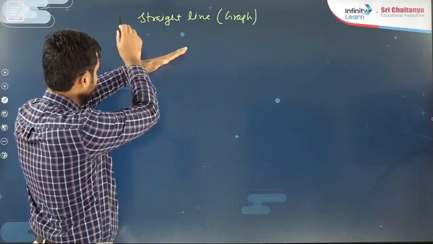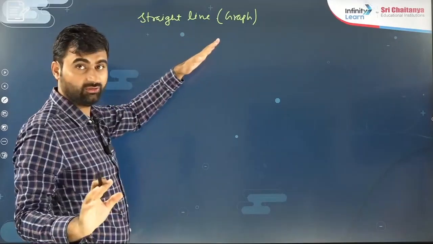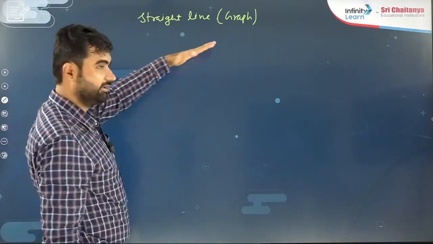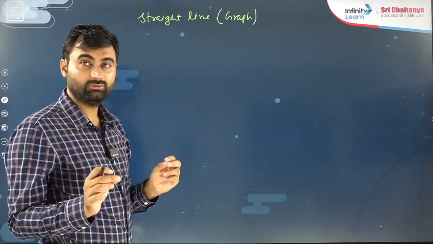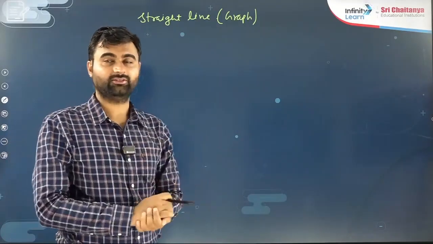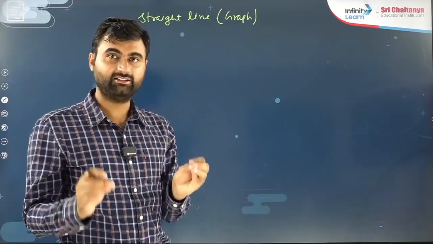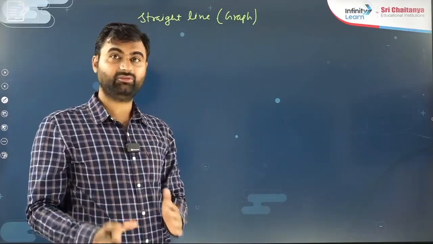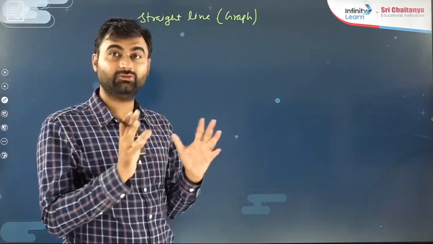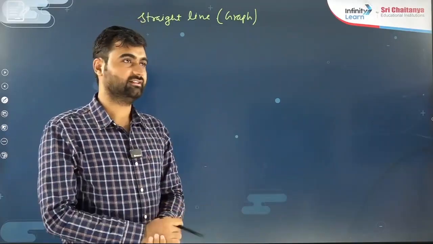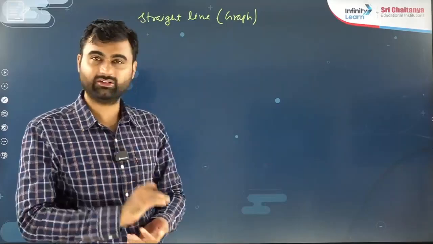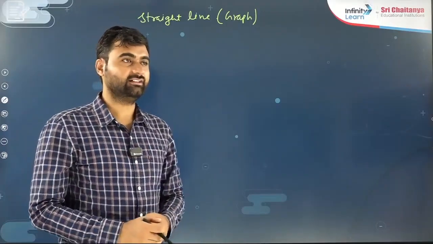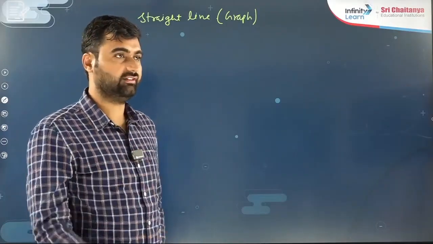If we move this side, y will change. Agree or not? So x and y both coordinates will change. So straight line is the relation between x and y coordinates. Is it clear? Straight line is the relation between x and y coordinates.